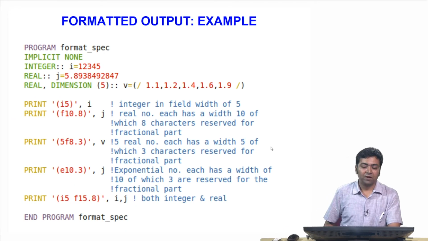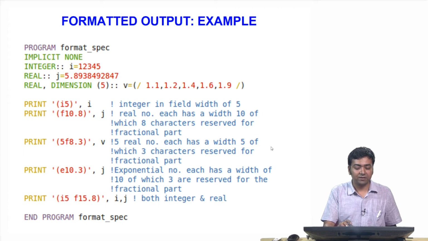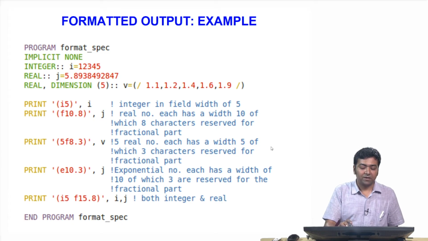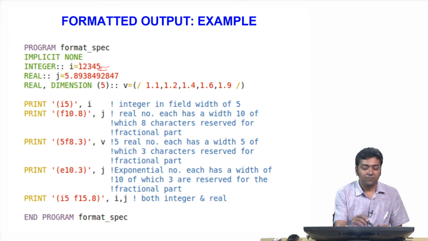Now we will look into an example of how one writes a formatted output. Here I have an example program where I am trying to write out a couple of numbers on the screen. The numbers are integers, real numbers, and so on. Here I have declared a variable I as integer, and I have set it to 1, 2, 3, 4, 5.